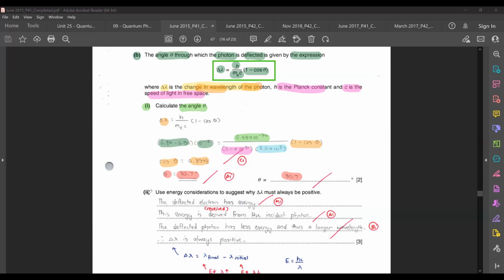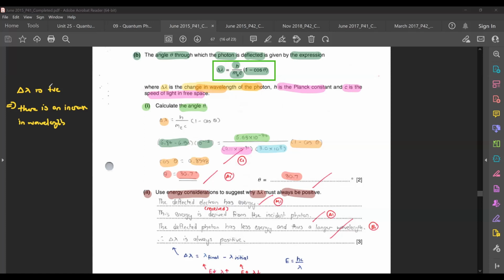Use energy considerations to suggest why your delta lambda is always positive. Okay, now when your delta lambda, or change in wavelength, is positive, this implies that there is an increase in wavelength.